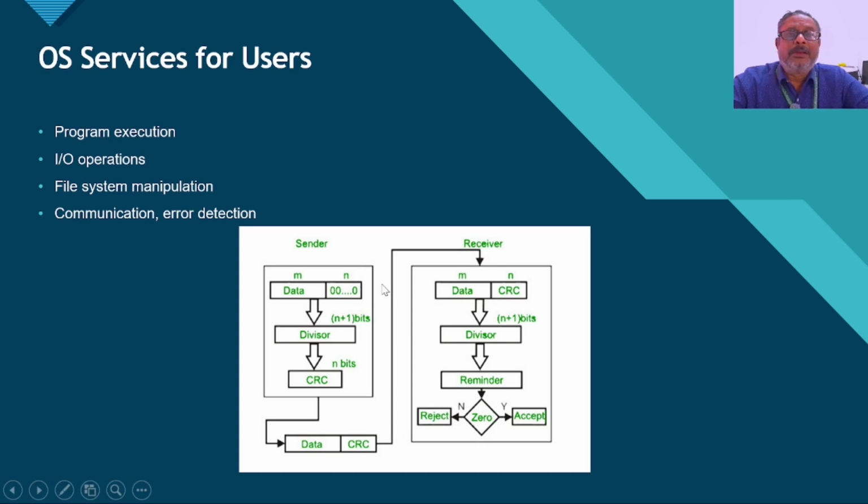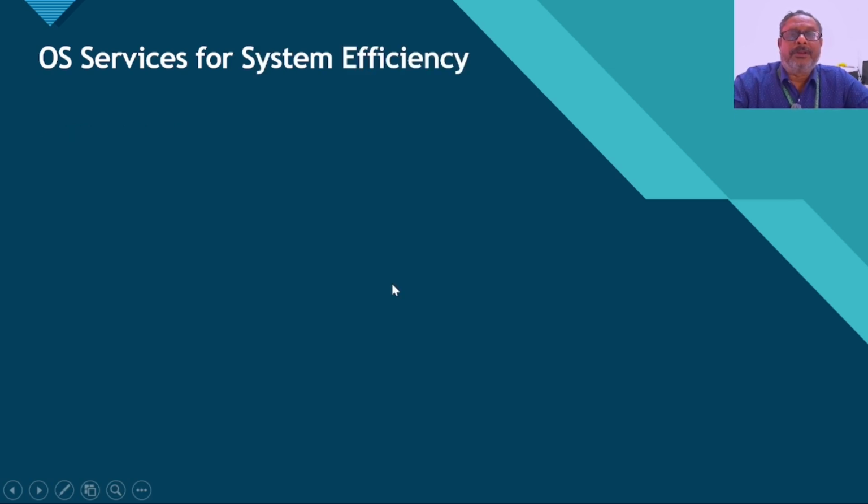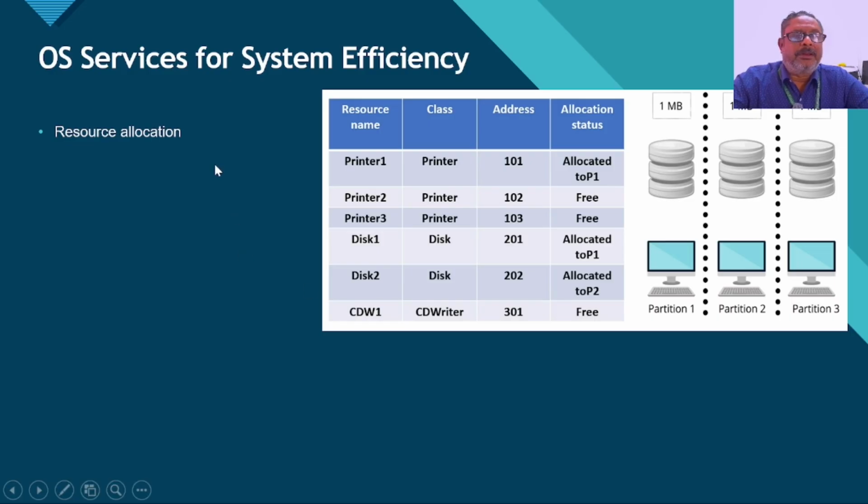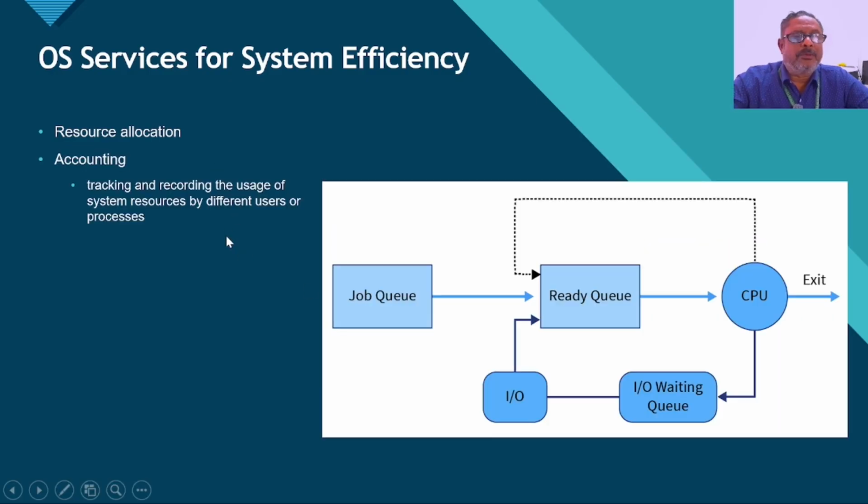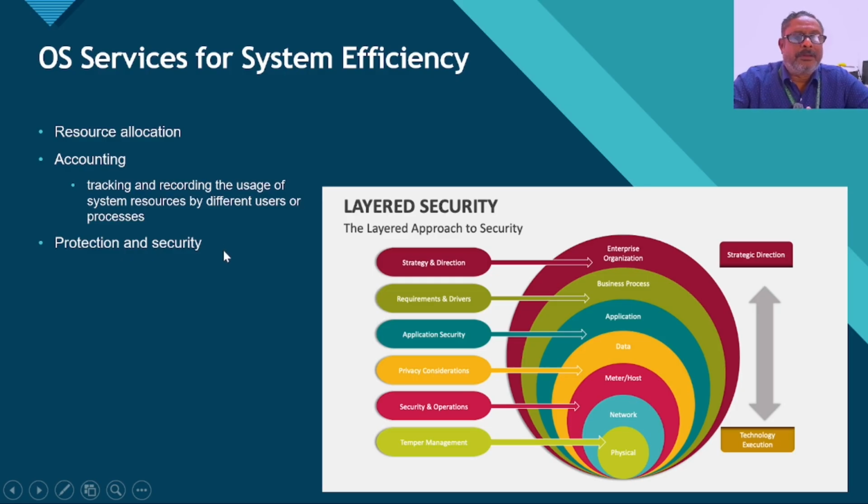That's all the operating system will take care of. There are also some services for system efficiency, like resource allocation, accounting, and protection and security. All these details we are going to look at in coming sessions.